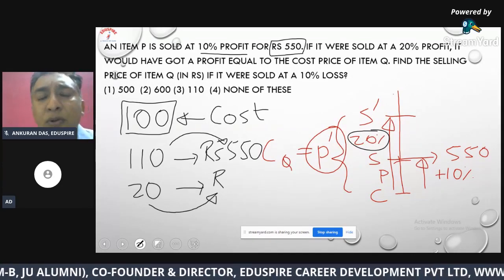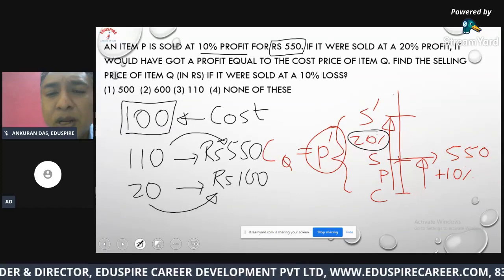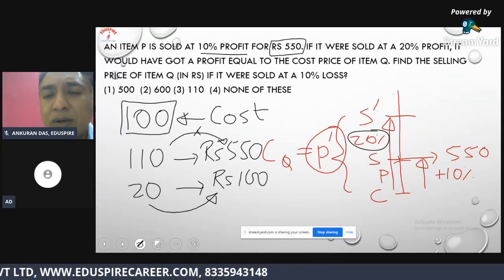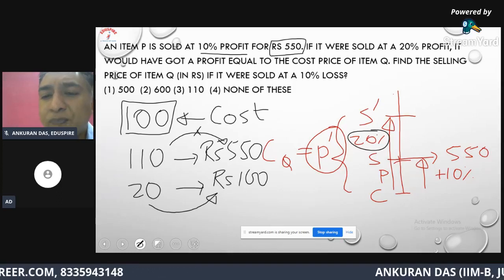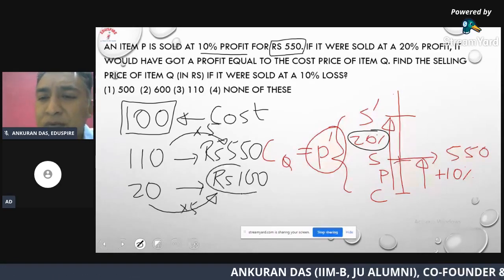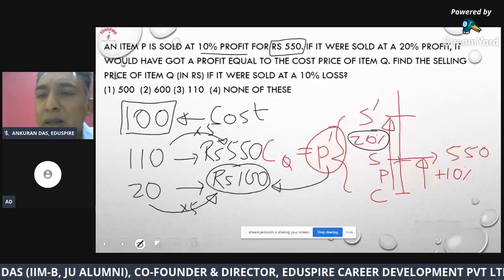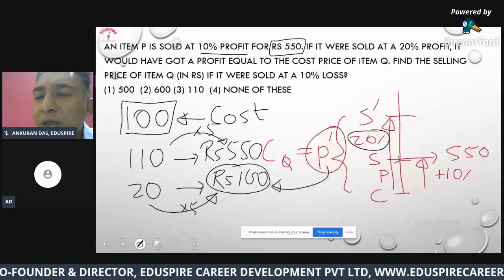The fun of the unitary method is you can apply the same multiplying factor on both sides, right? Any which way, the profit in the second case is equal to rupees 100, which is equal to the cost of product Q. Now they have said product Q is being sold at 10% loss.